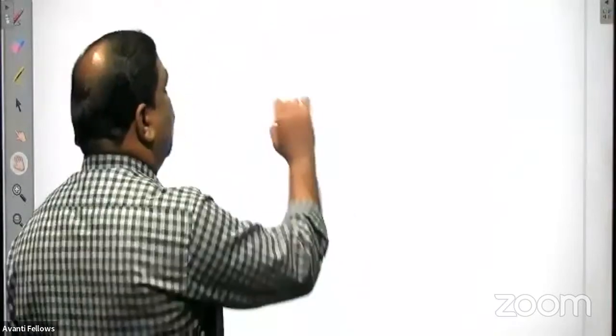Okay. With these problems, I would like to move on to the next topic. Okay. Integration, integrals. You know, integral is the reverse process of differentiation. Okay. Integration and differentiation both are inverse process of each other.